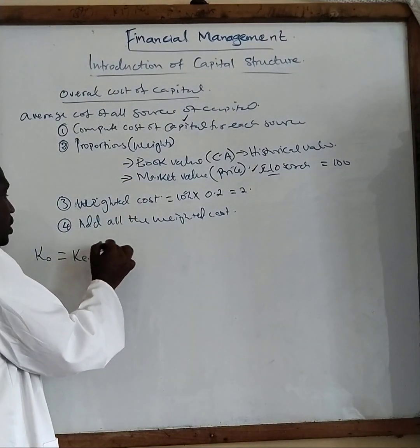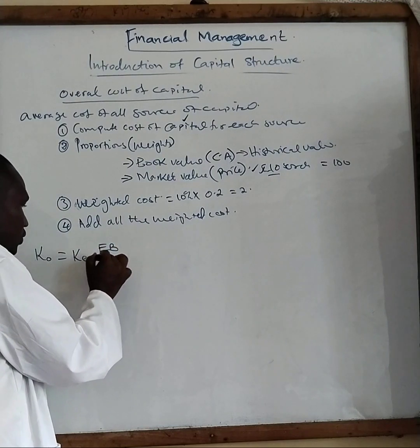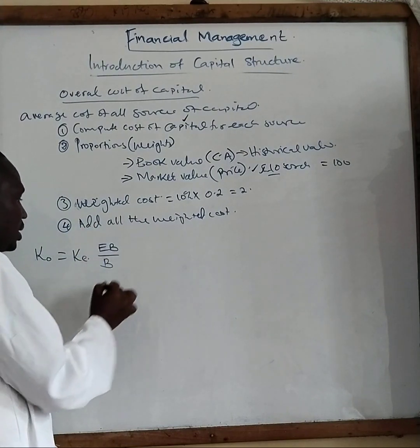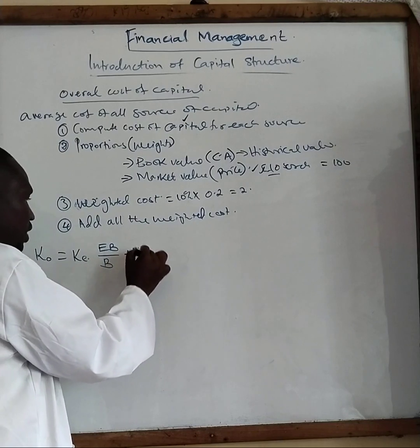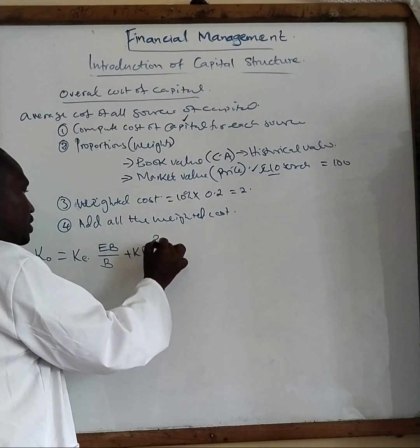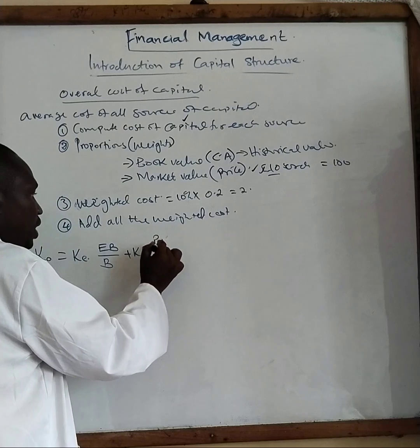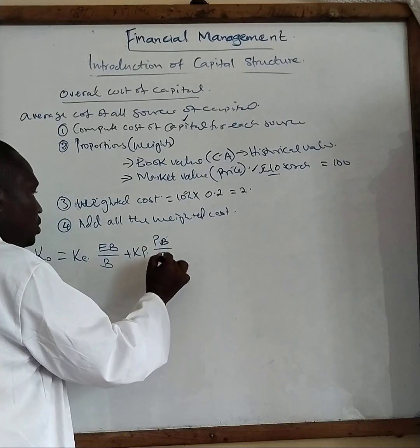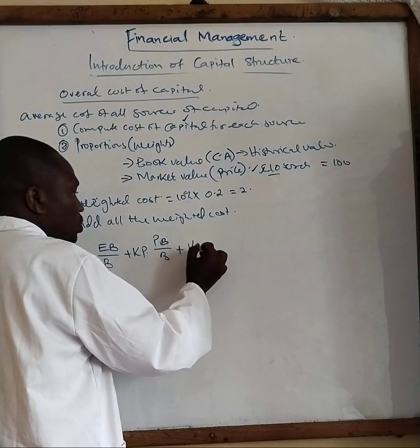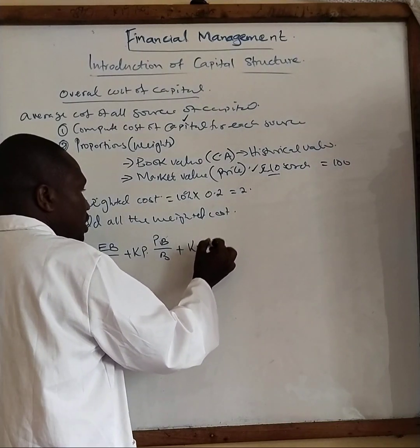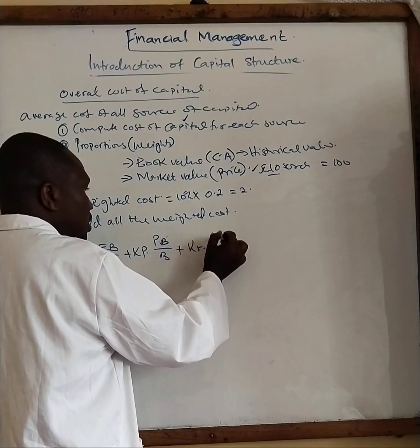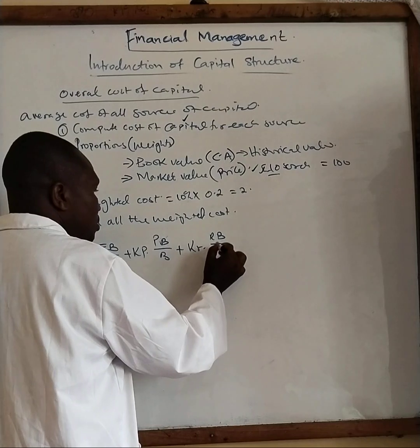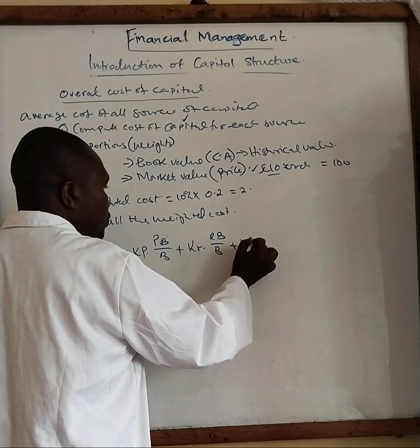I say equity value in the book value divided by the total value, plus the cost of preference, then preference value in book value divided by book value, plus the cost of retained earnings, then retained earnings value over book value, plus the cost of debt.